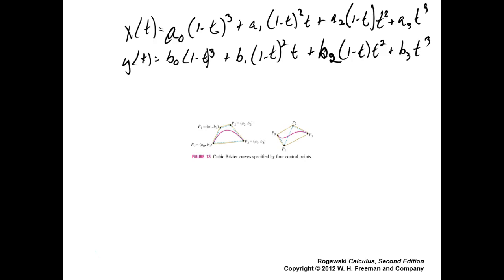So one thing we've got to do here is find out what your tangent line is. It says, show that this is tangent to the segment there. Well, let's start with the segment from P0 to P1. What is the slope of that segment?